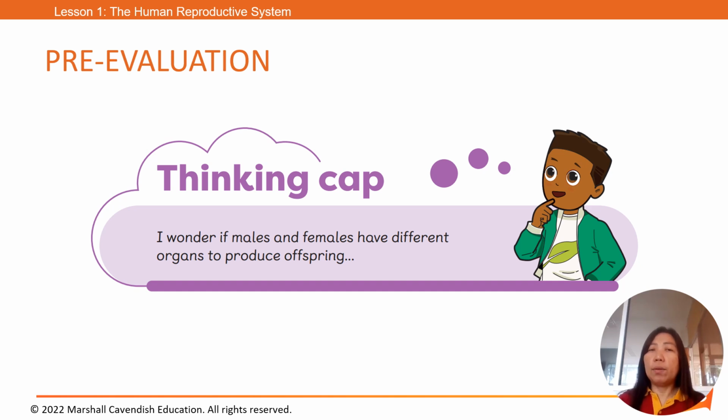Now, from that picture, we can see that, how do you think boys and girls are different as they grow up? Do you think that the males and females have different organs to produce offspring?